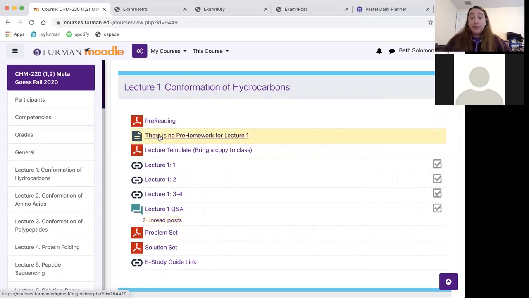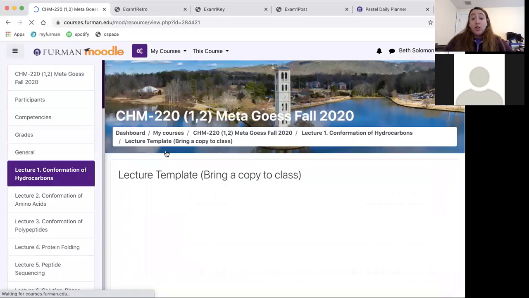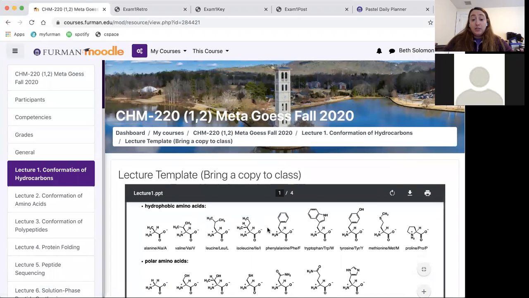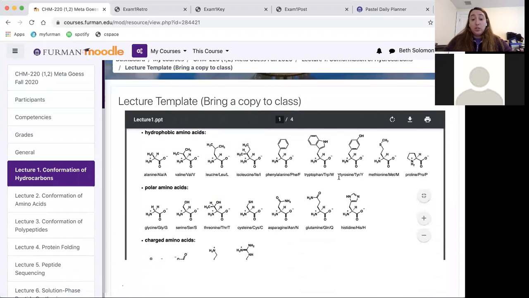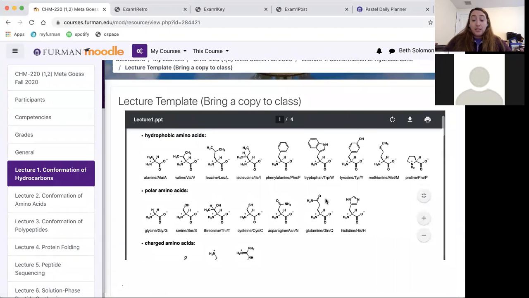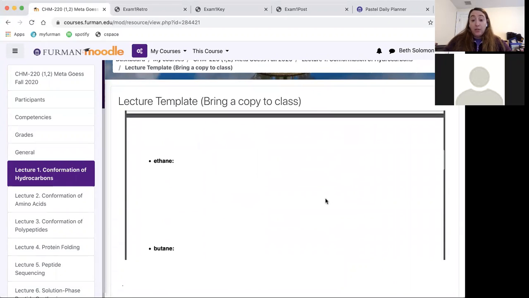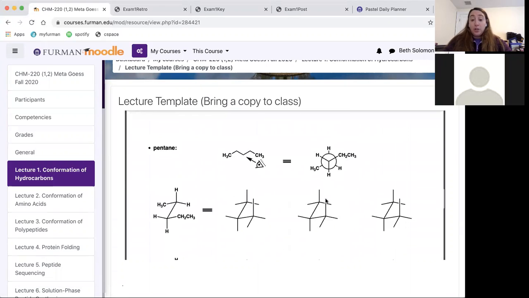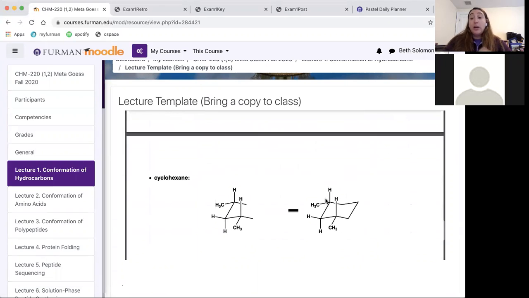There's no pre-homework, so I don't have to worry about it. And I've looked over the template for our lecture, so I know we're going to be looking at certain amino acids and learning about them. So when I go to class, in my mind, I'm already ready to focus on what's there.